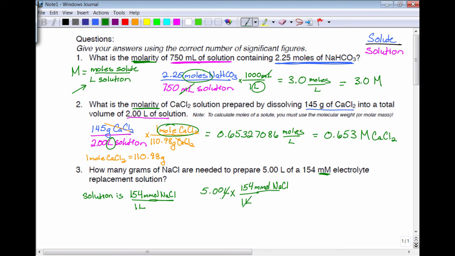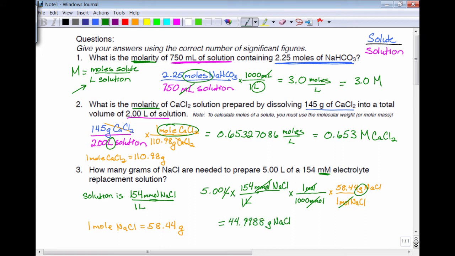To convert between millimoles and grams, I will need the molecular mass of sodium chloride. First, I will convert from millimoles to moles, and then I will convert from moles to grams. This will leave me with units of grams. And I will round to 3 significant figures since my answer is limited to 3 significant figures.